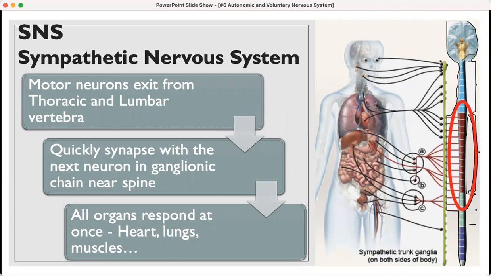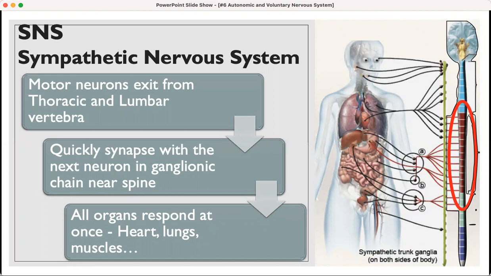And they're very short segments, because as soon as they exit those segments that's shown in the red circle, they synapse with other neurons in the sympathetic ganglion chain here near the spine. And then that ganglionic chain allows everything to be affected all at once.